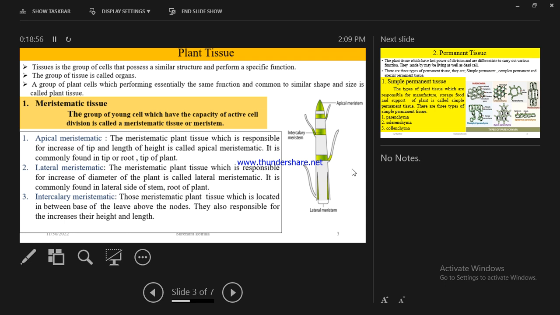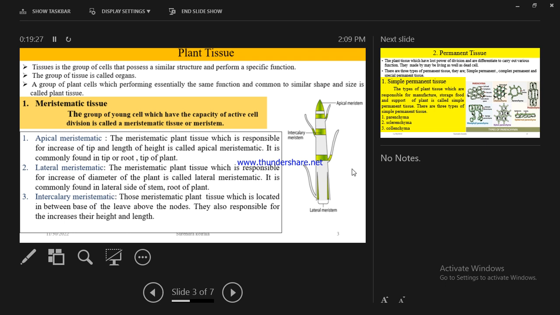Similarly, second, lateral meristematic tissues are the meristematic plant tissues which are responsible for increasing the diameter of the plants. They are generally found in the lateral side of the stem and the root of the plants. In the roots and stems of plants, the lateral side mostly has lateral meristematic tissue. They are responsible for the increase of diameter.